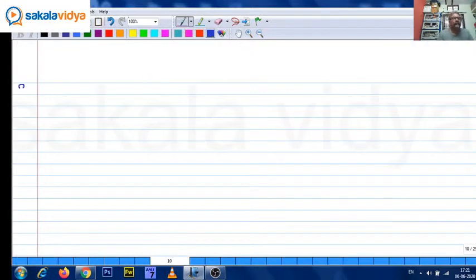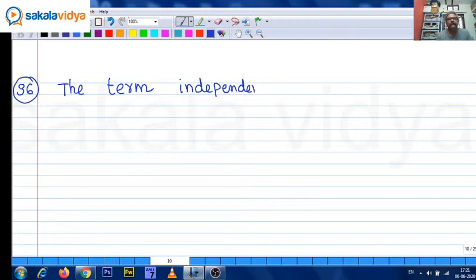Now 36th question. Okay, 36th question. The term independent of x, that means independent of x or constant term.